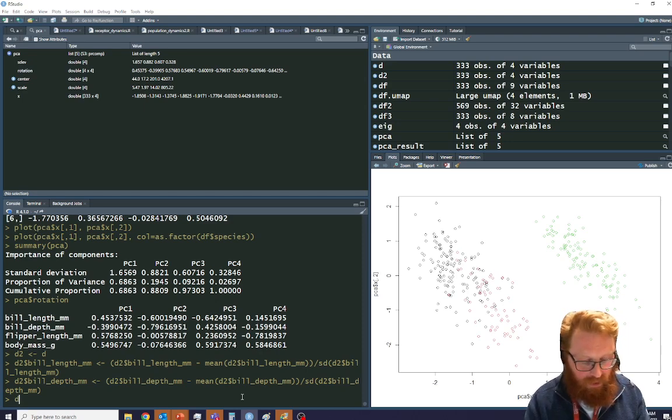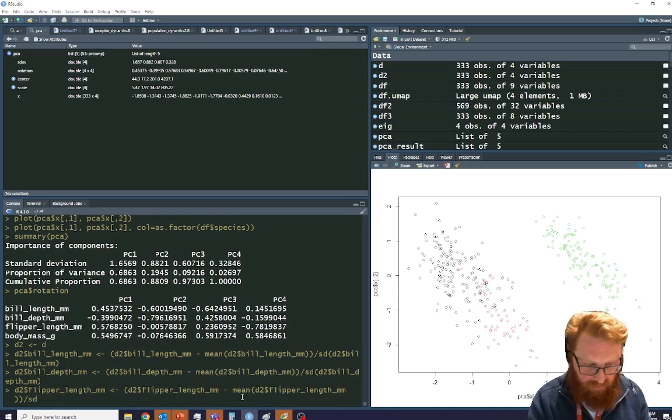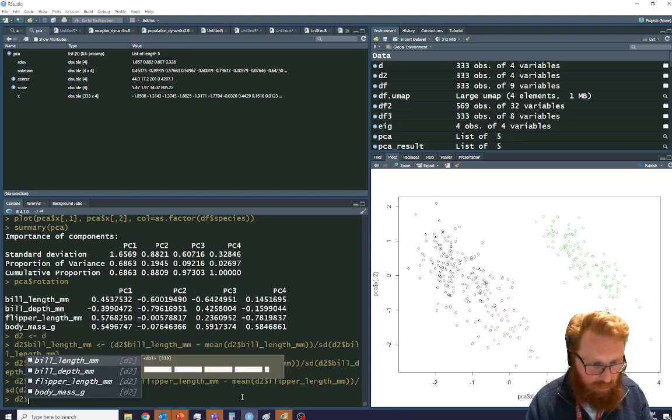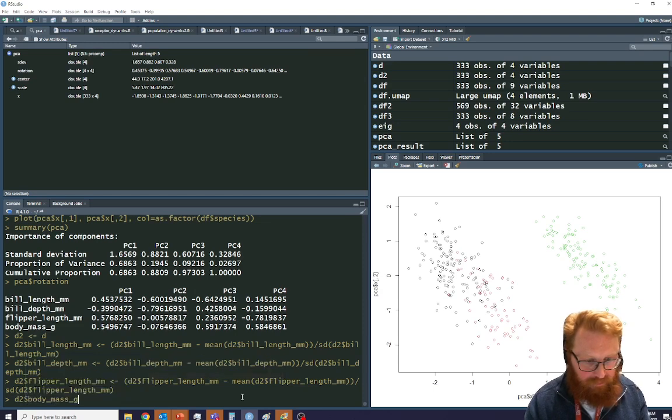We're going to go D2 dollar flipper length, and this is going to be normalized: flipper length minus the mean of the flipper length, all divided by the standard deviation of the flipper length. And the final one is D2 dollar body mass. We're going to say that is equal to the body mass minus the mean of the body mass, all of that divided by the standard deviation of the body mass.